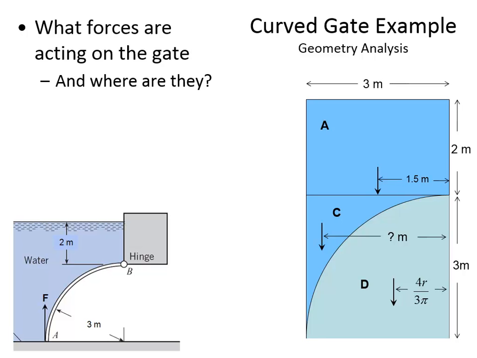Okay, the way that I can do that is I can say that 9 meters squared, which was the area of B overall, and it was at 1.5 meters. So this overall B is equal to 7.0686 meters squared, which was the area of element D, and then its location is 4r divided by 3 pi.